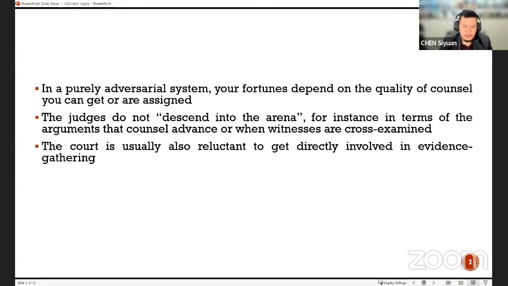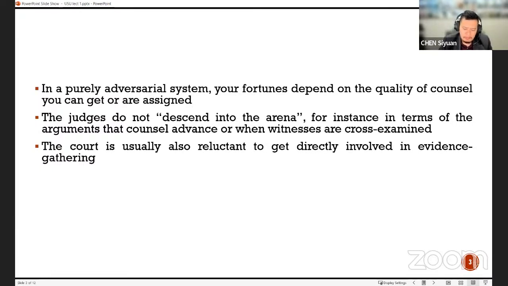So the court doesn't tell either party to go and find this evidence. All of this evidence should have been gathered by the prosecution and the defense counsel before trial starts. And if it turns out that the prosecution did not gather enough evidence or did not look into certain things, the court is not going to do it for either party.